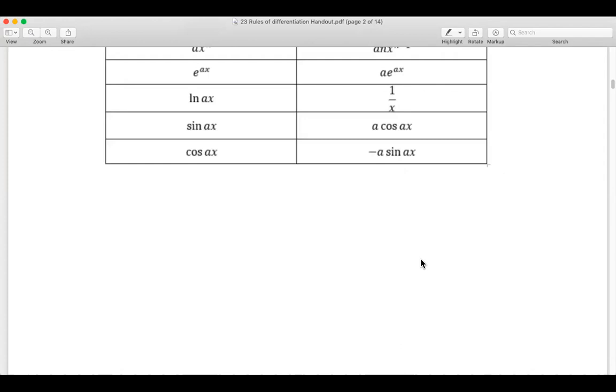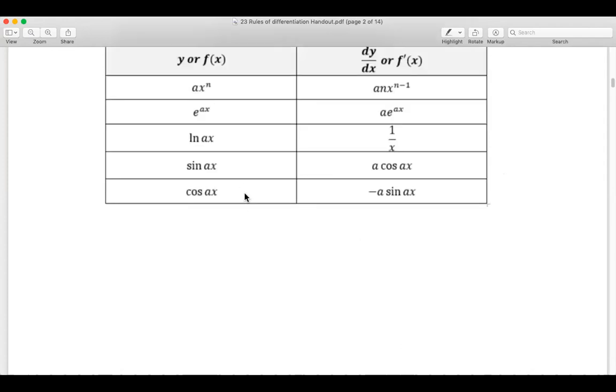If we look at the sine function, if we've got the sine of some constant a multiplied by x, the differential of that, dy by dx, is a, so the a comes outside, and then we have the cosine of a times x.